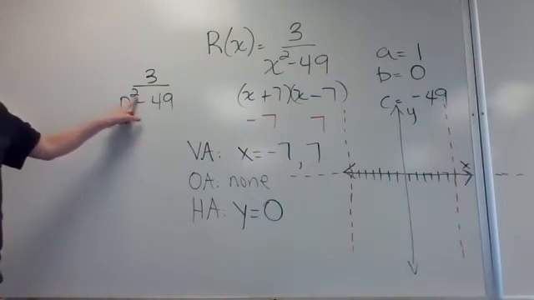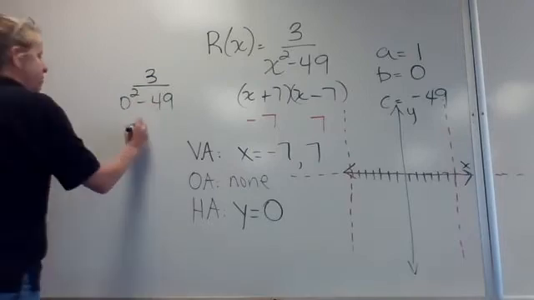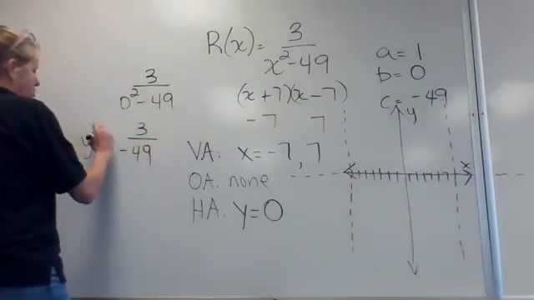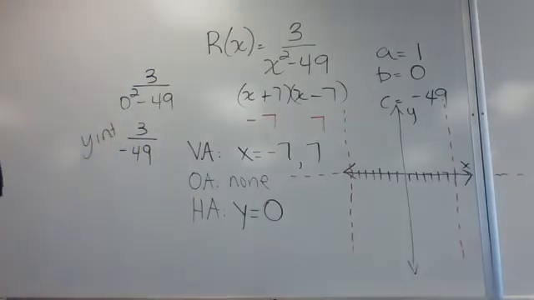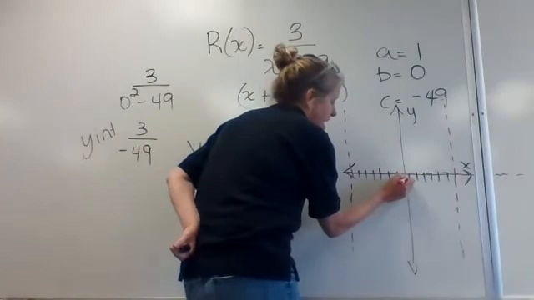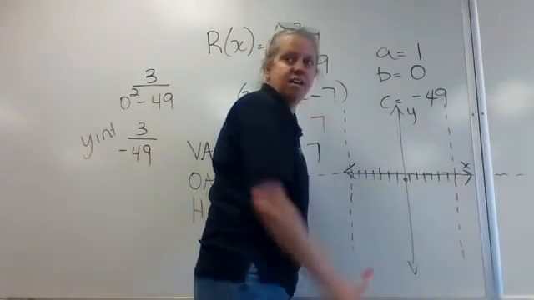Well, 0 squared is 0, minus 49, leaves me with negative 49. That's your y-intercept, which means this graph is going to cross the y-axis below the origin because it's negative.